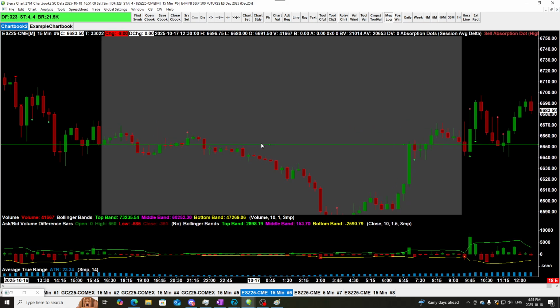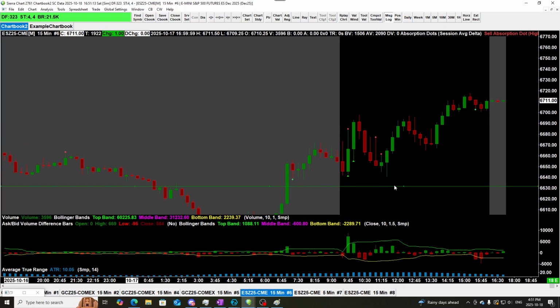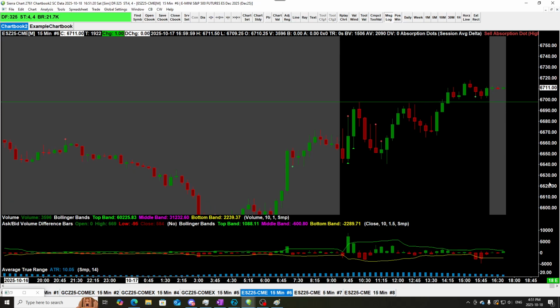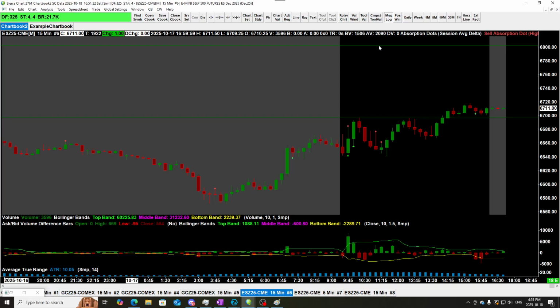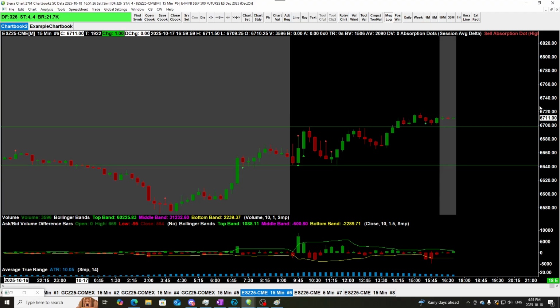Okay, so we open inside of previous day low, and this was our 1 2 3 4 IB high, and this was our IB low.